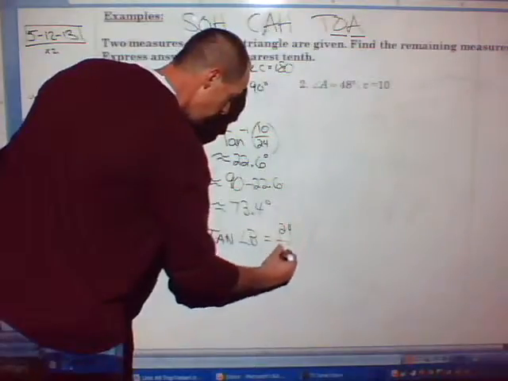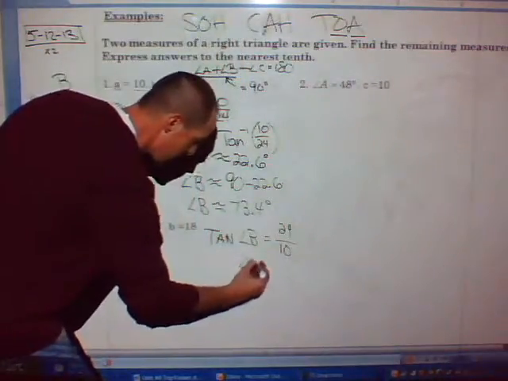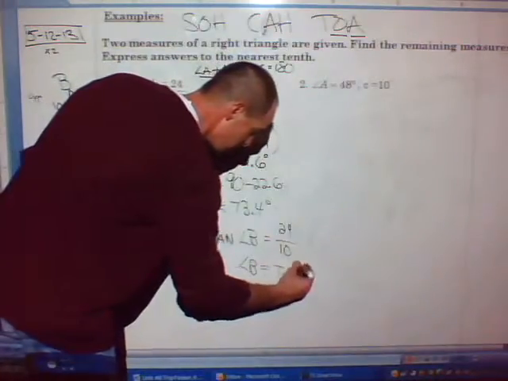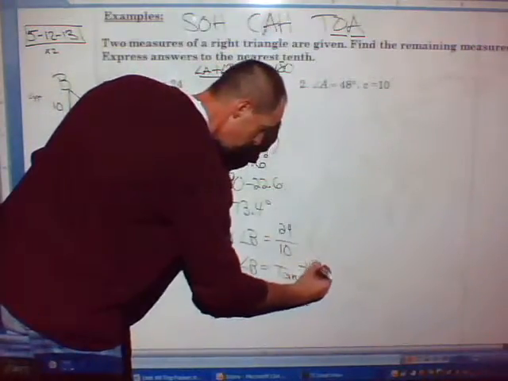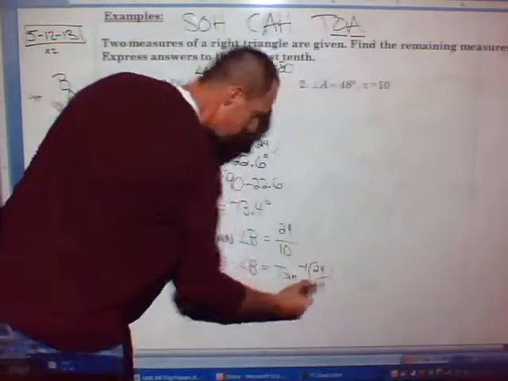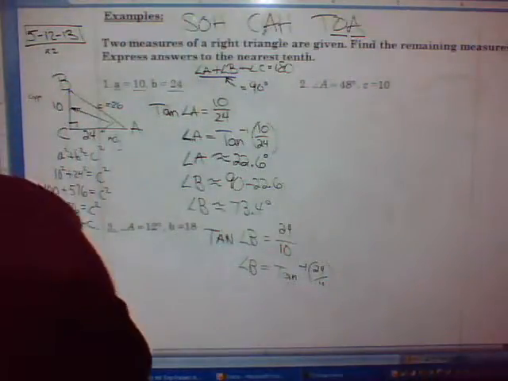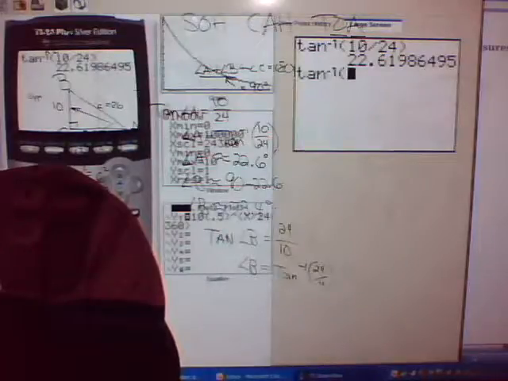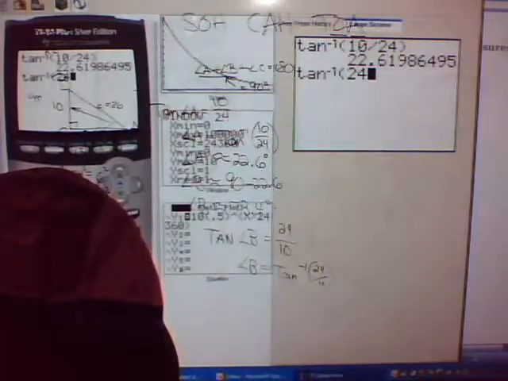This is 24 over 10. So that means angle B would have to equal the inverse tangent of 24 tenths. Well, let's plug that in the calculator. Let's see what we get. Inverse tangent of 24 divided by 10.